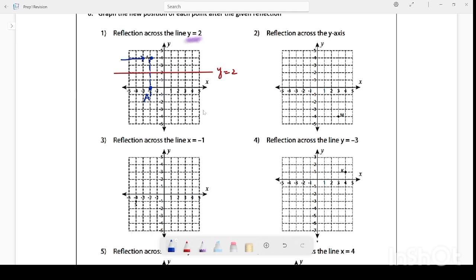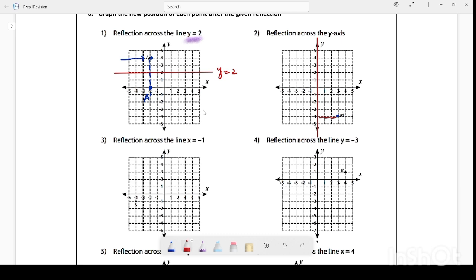Similarly, the second one says reflection across the y-axis. Where is the y-axis? The y-axis is this vertical line. This is the y-axis. On the right-hand side, there is a point called M, which is 1, 2, and 3 blocks away.